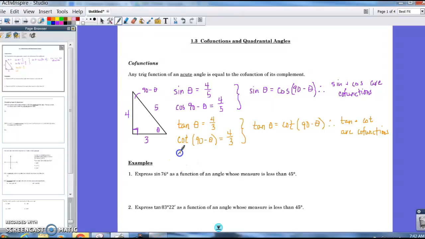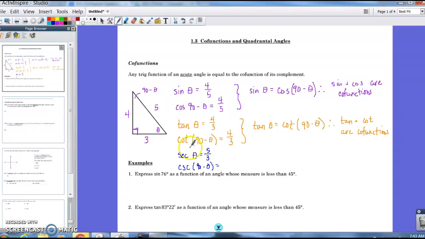The next one would be secant of theta. Remember, secant flips cosine. Cosine would be adjacent over hypotenuse, so cosine would be 3/5. Secant flips that, so secant of theta would be 5/3. Right? So the cosecant of 90 minus theta, remember cosecant from yesterday, cosecant flips sine.